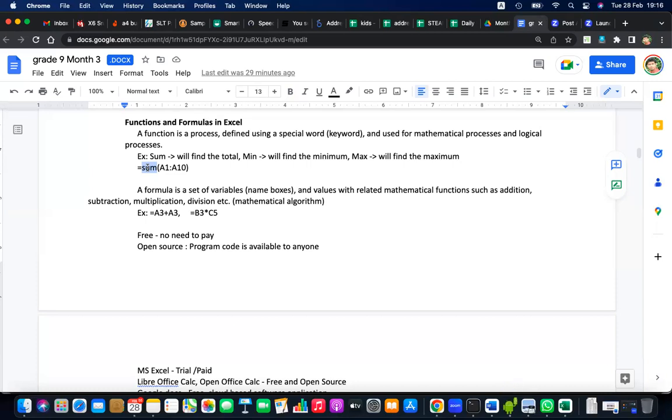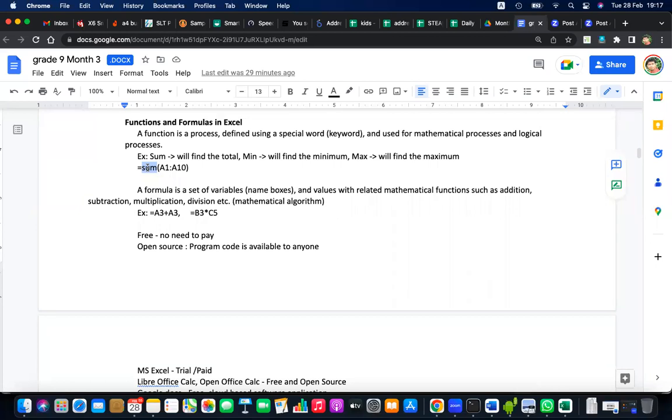The second one is a formula. You can see it's calculating the addition, A1 plus A3, or A3 multiplied by C5. Multiplication uses asterisks. This formula is a set of variables, meaning name box addresses, and then you do the multiplication with the values.